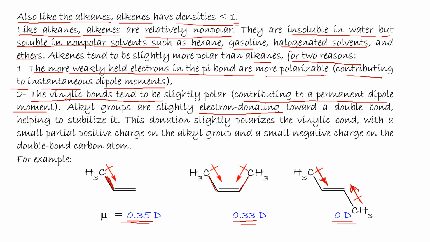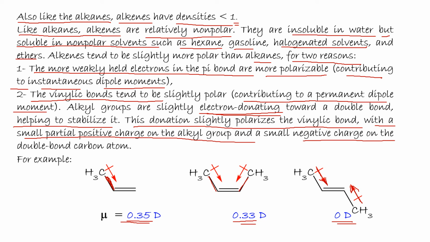So alkyl groups are slightly electron donating toward the double bond, helping to stabilize it. This donation slightly polarizes the vinylic bond, with a small partial positive charge on the alkyl group and a small negative charge on the double bond carbon atom.